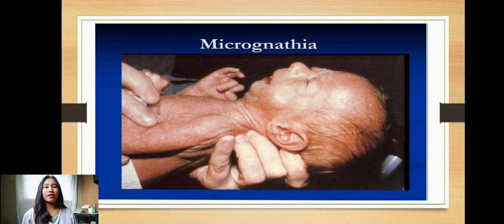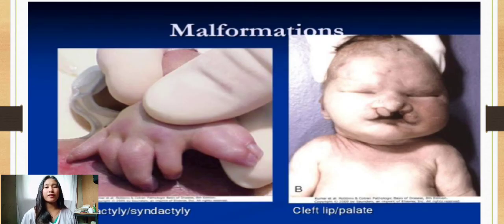So micrognathia is fairly common in infants and can often correct itself as your child grows. In some children, micrognathia can cause abnormal tooth alignment because there is not enough room in your child's mouth for the teeth to grow. Micrognathia can present as a birth defect in numerous syndromes, including cleft lip and cleft palate.